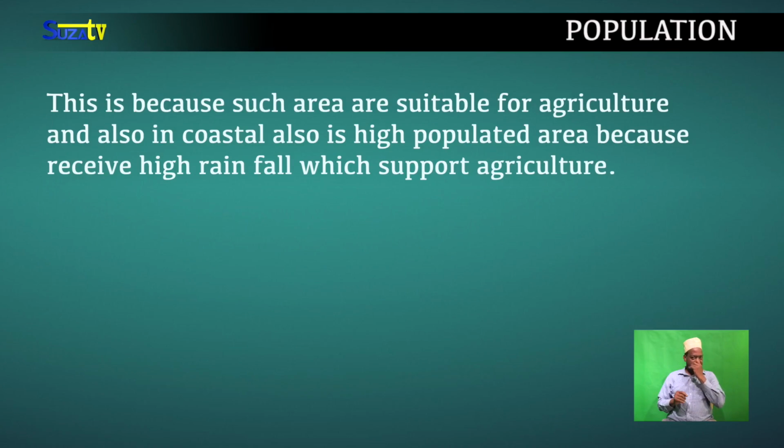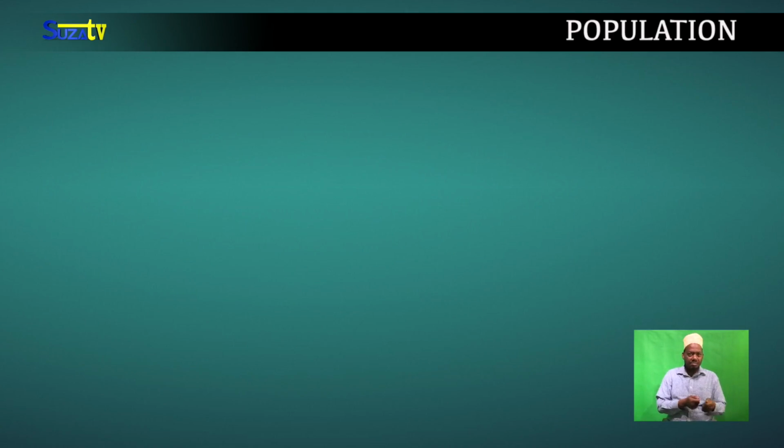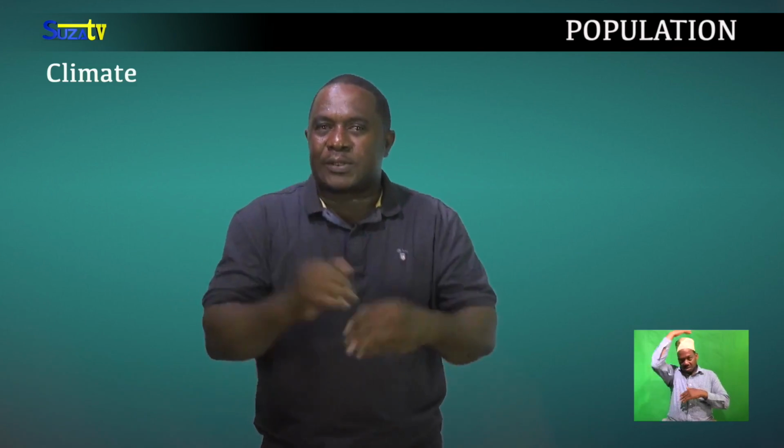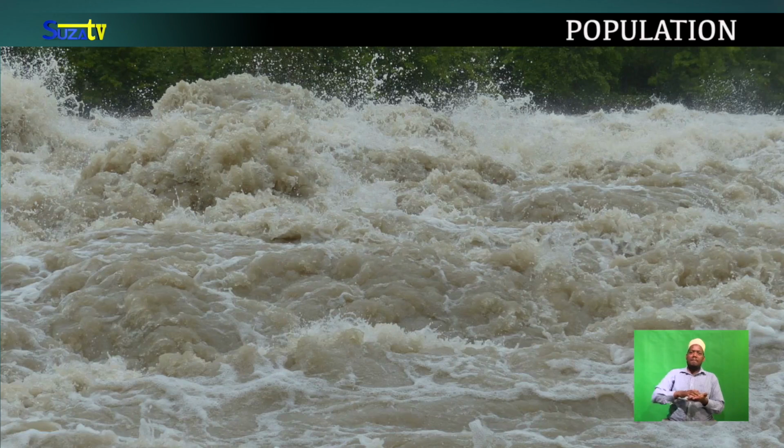This is because such areas are suitable for agriculture, and also the coastal area is highly populated because it receives high rainfall which favors agricultural activities. So we say the slope has good land for agriculture in Mountain Kilimanjaro, and also the coastal area receives a moderate rainfall, which can help you to grow crops.